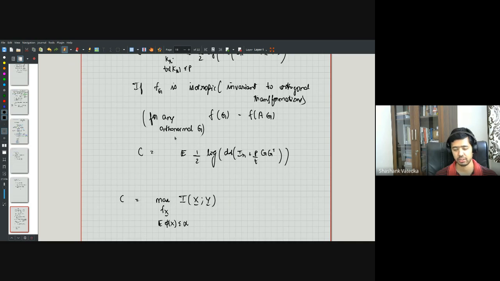It doesn't matter. These are very general expressions. If you have a very specific channel, then it's just a matter of evaluating this particular quantity. If G is Gaussian, then it's a Rayleigh fading channel. If G is Ricean, then it's a Ricean fading channel, and so on. Then it's just a matter of numerically evaluating what that is.